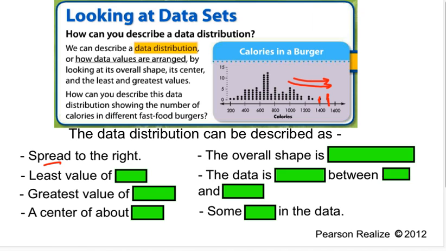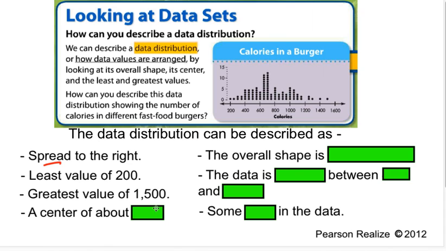The other thing we notice about this data is the least value of 200, and then the greatest value of 1500. So looking at the data's least and greatest values of 200 and 1500 tells us something about the spread of the data.